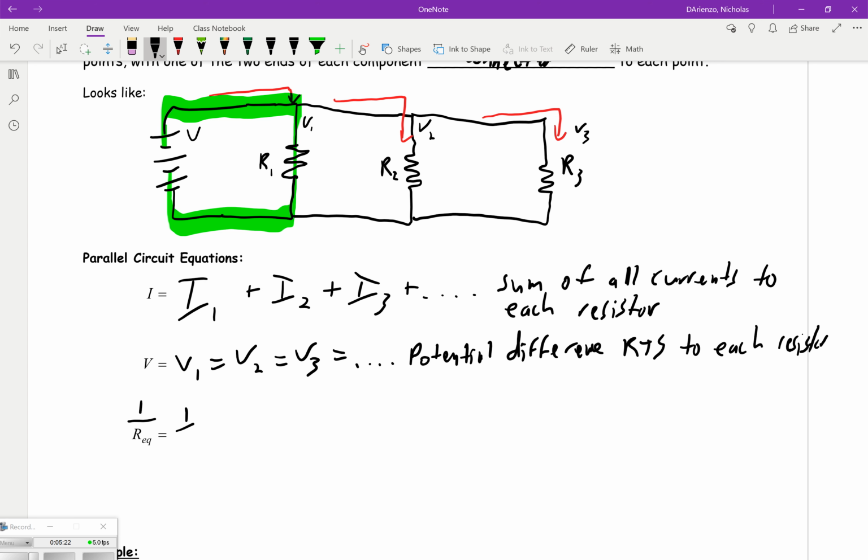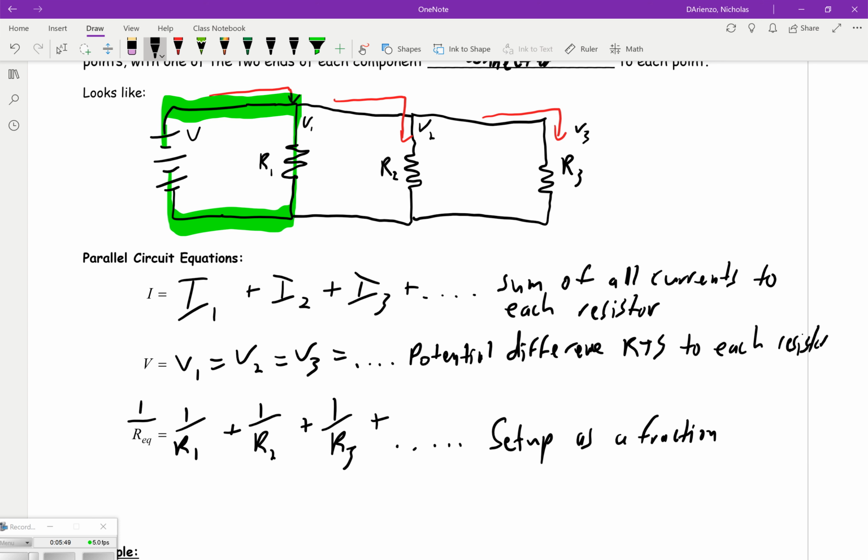And that's equal to 1 over the resistance of the first resistor, plus 1 over the resistance of the second, plus 1 over the resistance of the third, and so on. Now this has to be set up as a fraction. And I'll show you some examples of that momentarily.